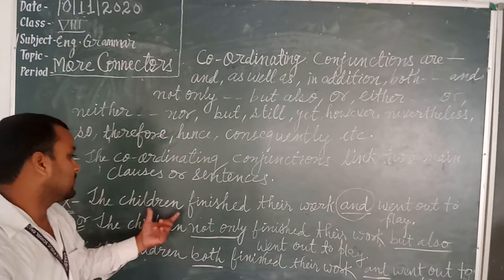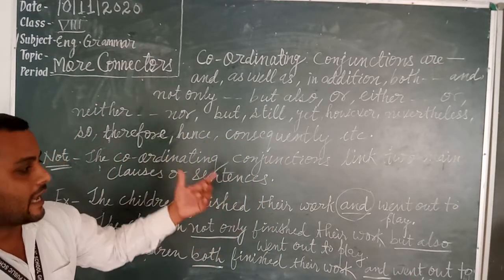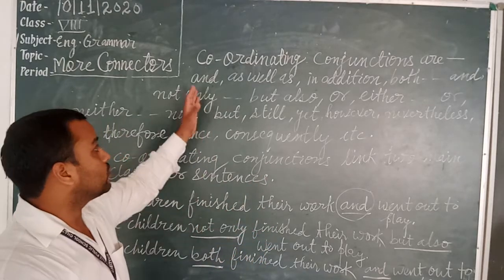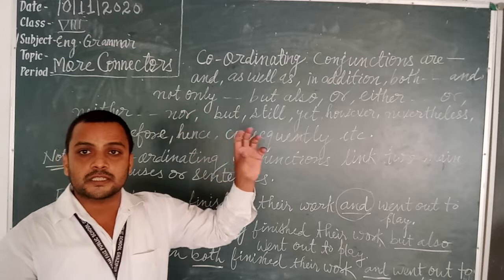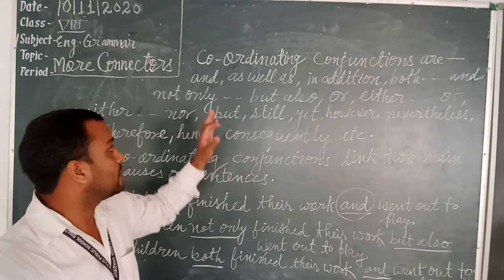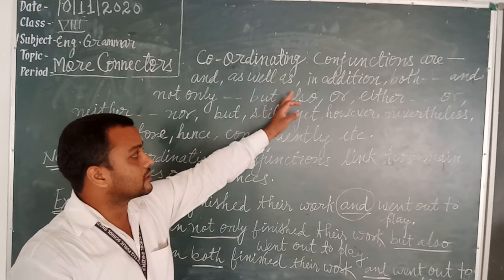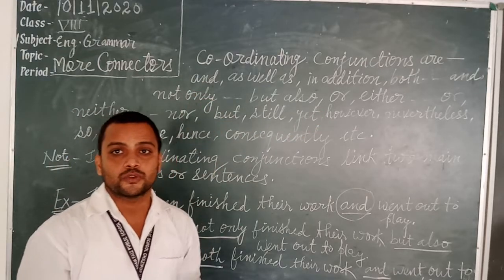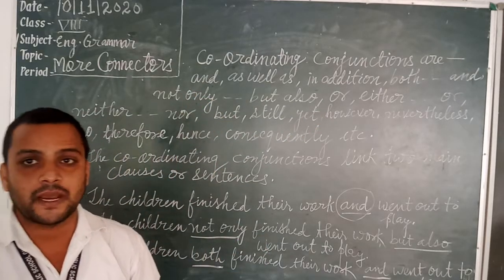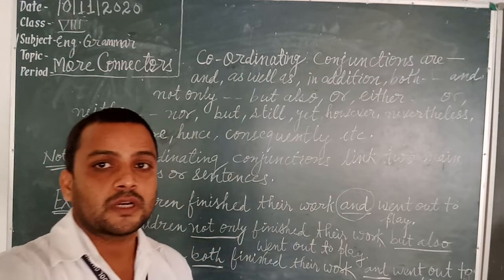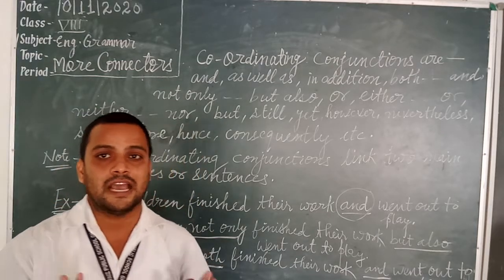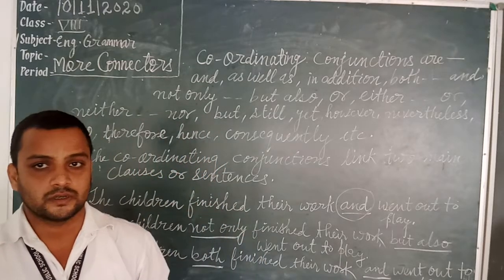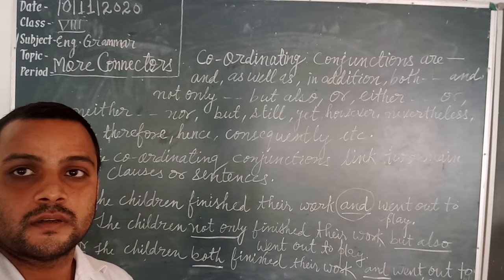The children finished their work as well as went out to play. Okay? So, the conjunctions which mean and are and, as well as, in addition, both and, not only but also. So in such a way we can combine two sentences or two clauses by using and, as well as, not only but also, both and. Okay?